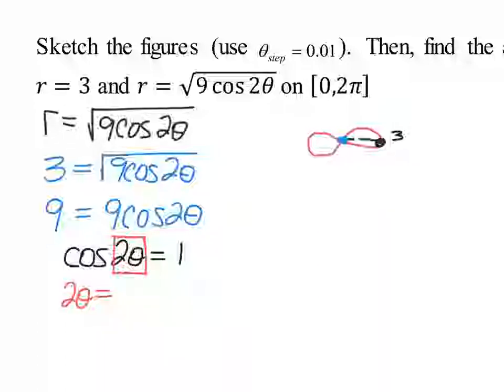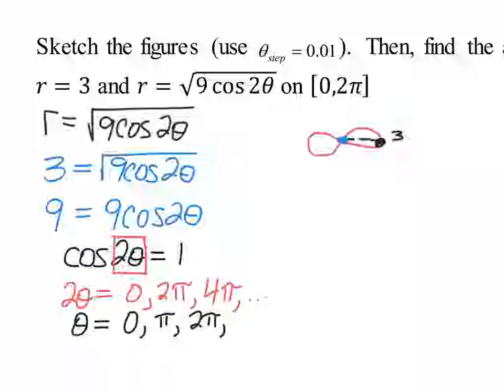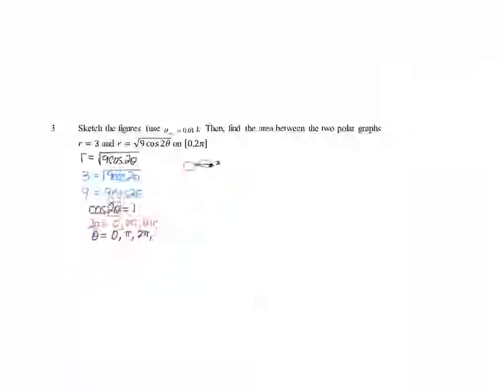So I need the values in the circle where cosine is equal to 1. 0 degrees and pi? Well, pi would give us a -1, so 2 pi is what we want, 4 pi, any even multiple of pi, etc. I'm listing them all out: 0, 2 pi, 4 pi, etc.